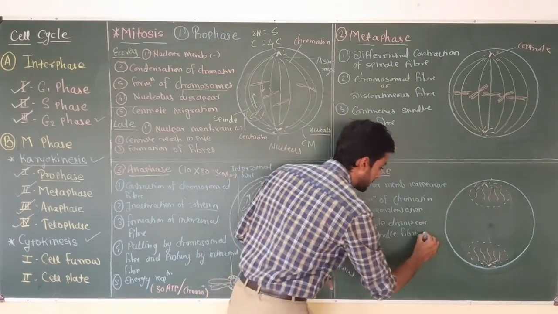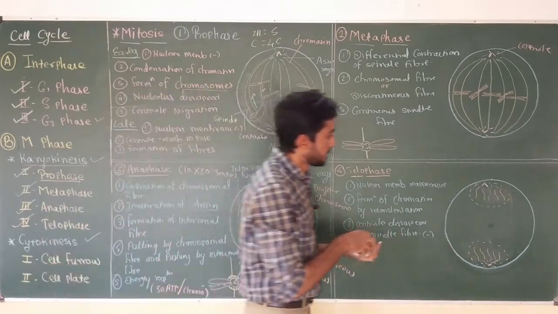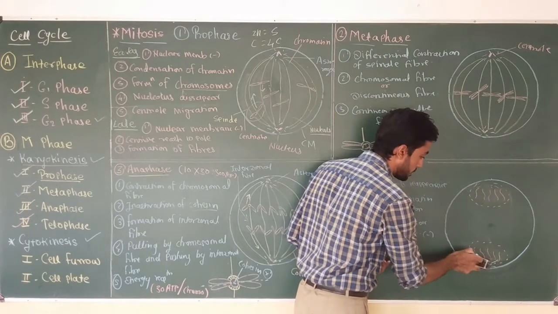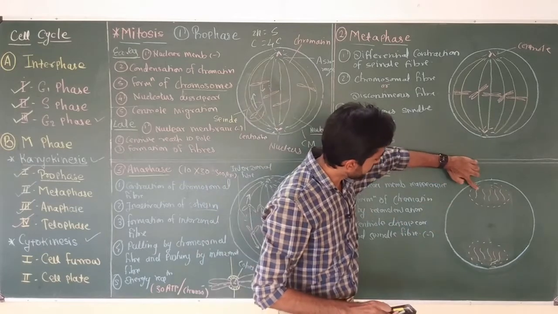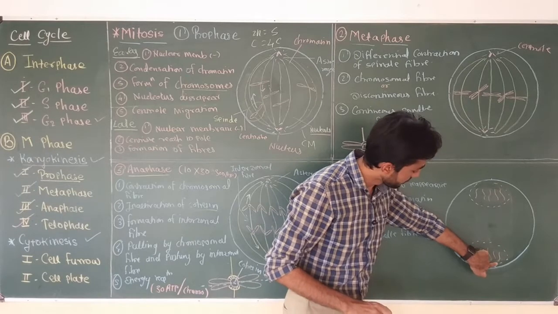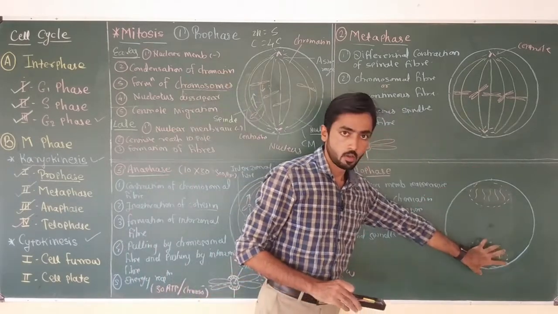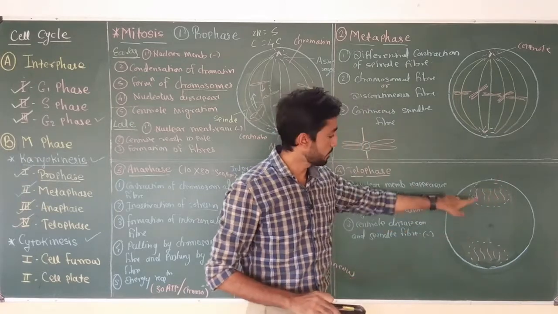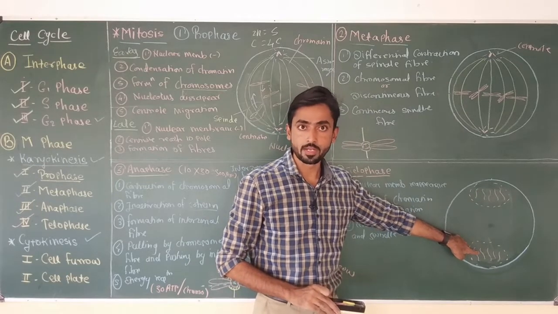So the third important point is the disappearance of the centriole as well as the dissociation and disappearance of the thread, that is the spindle fiber. Due to this, both poles of the cell now only have a nuclear membrane, and inside the nuclear membrane you can clearly see one set of chromatin.